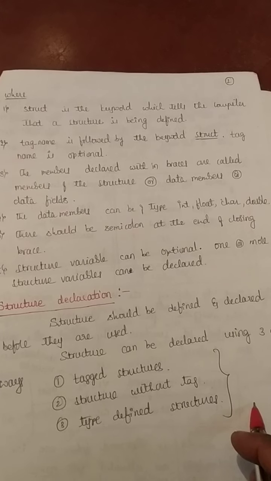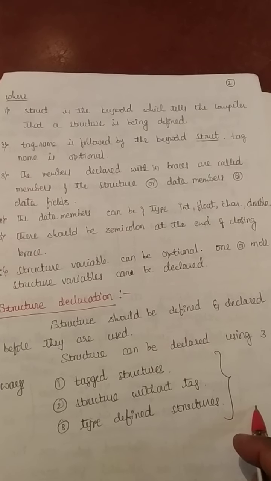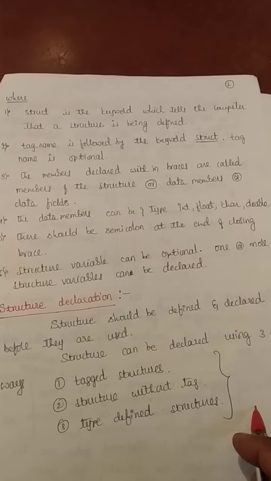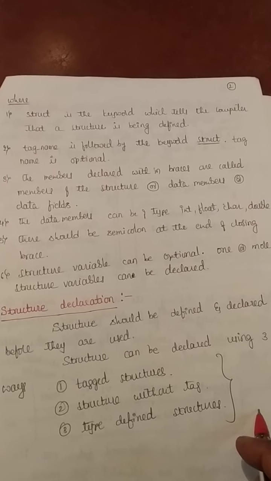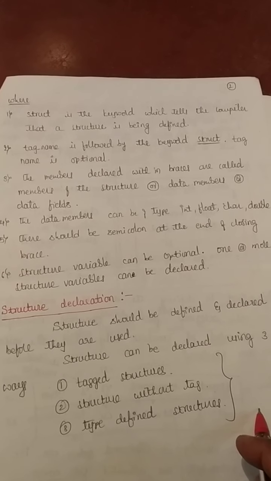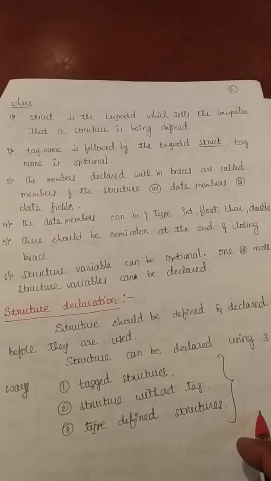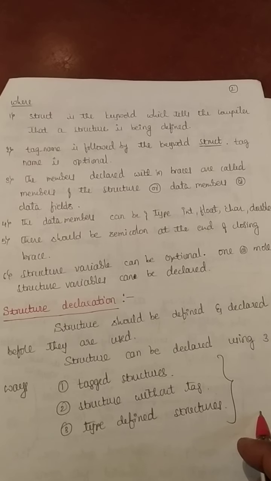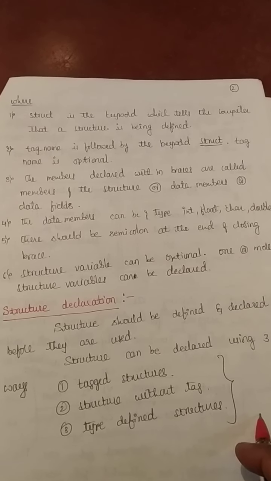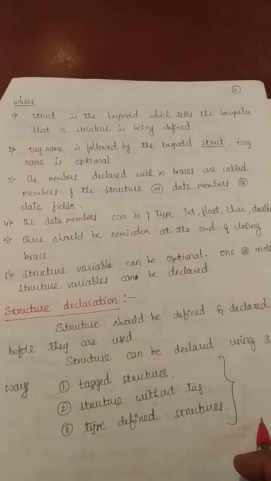Members declared under a structure are known as data members, data fields or members of the structure, and the data members can be of type integer, float, char, double. And there should be a semicolon at the end of the closing brace, and the structure variable can also be optional.